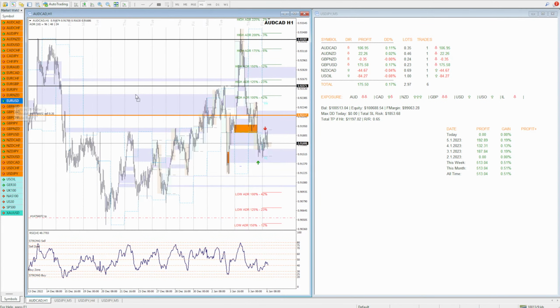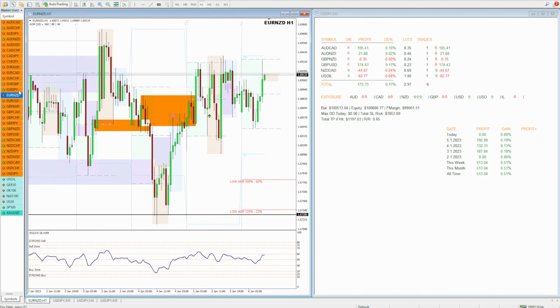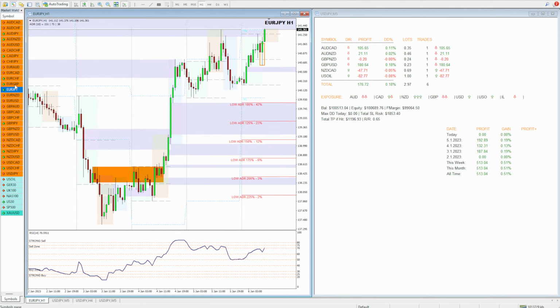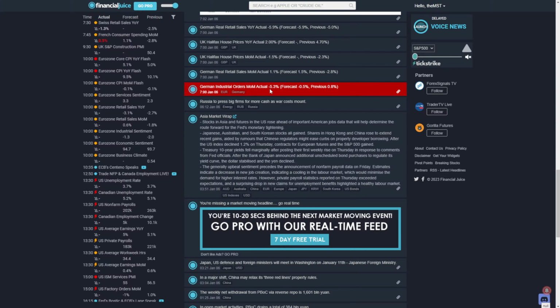Let's quickly look at those euros. No real impact off that. Good positive moves on the euro this morning, which is obvious because there's massive negative news for Germany, which is one of the biggest players in Europe, and obviously it rallies.